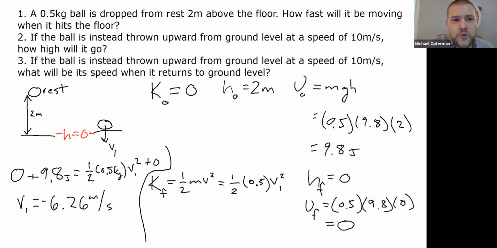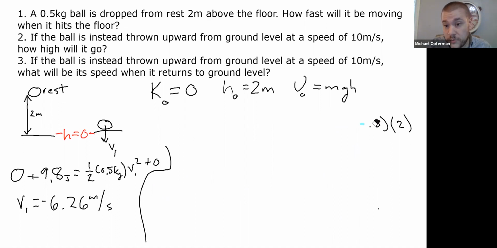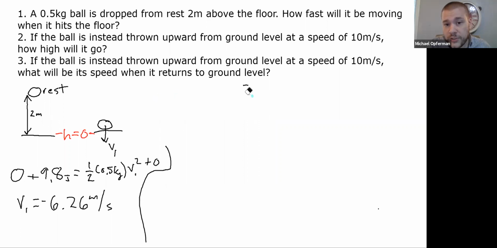Now, one thing I want to show you really quick, just for the sake of comparison, is that you could have solved this using the kinematic equations. You hopefully remember from earlier in the course how to do that. Let me go through it to show you that it gives the same answer. You would list off your kinematic variables. Initial velocity is 0.